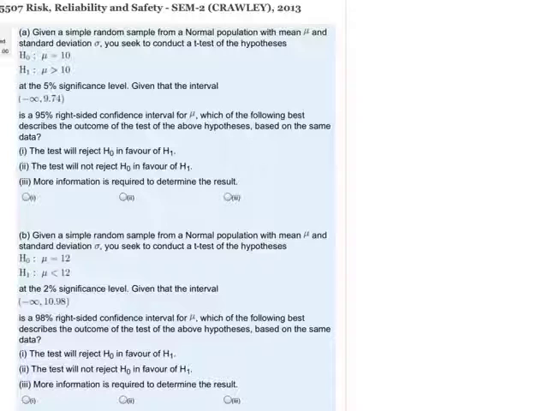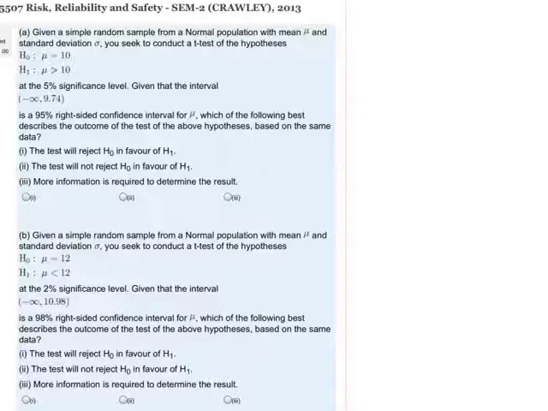The piece of information we've been given to try and solve that is that the interval negative infinity to 9.74 is a 95% right-sided confidence interval for mu. So let's have a look at what this piece of information gives.